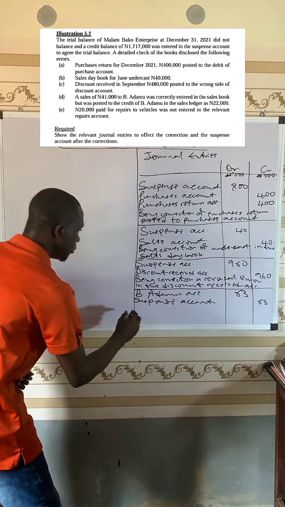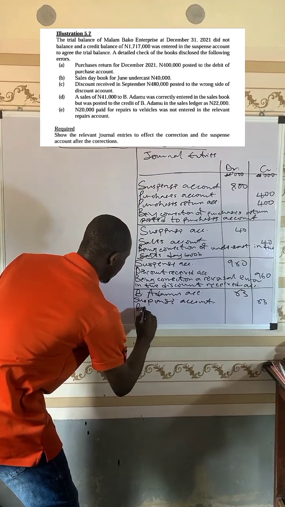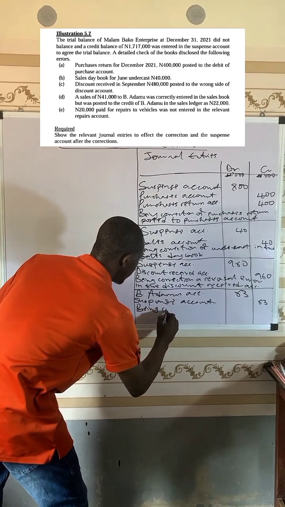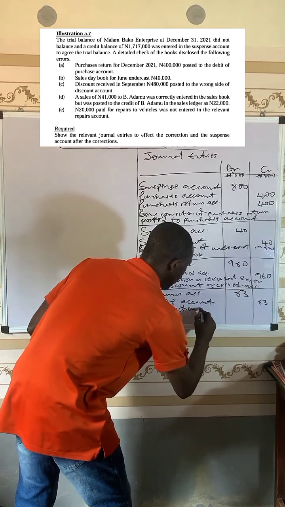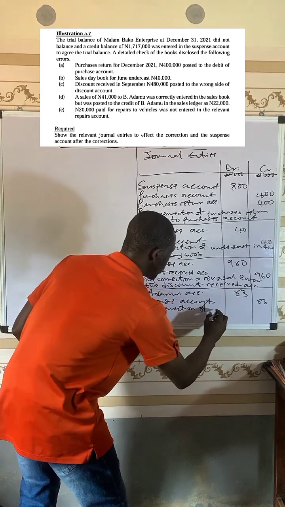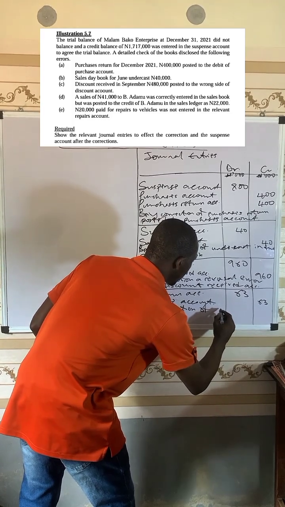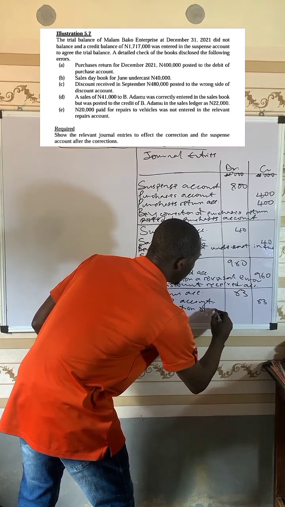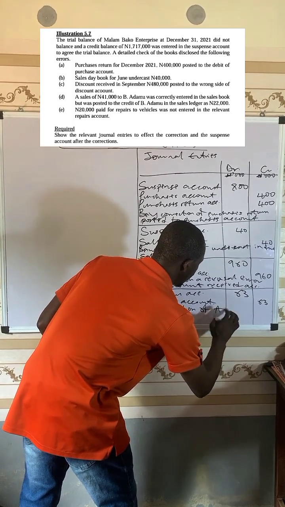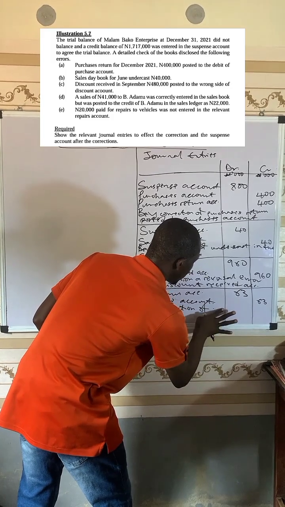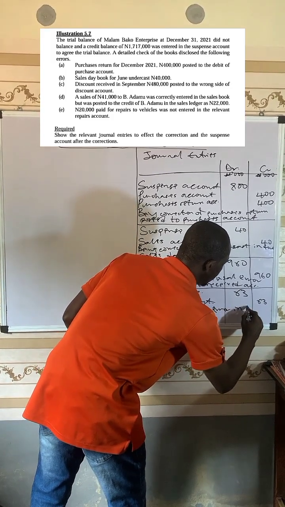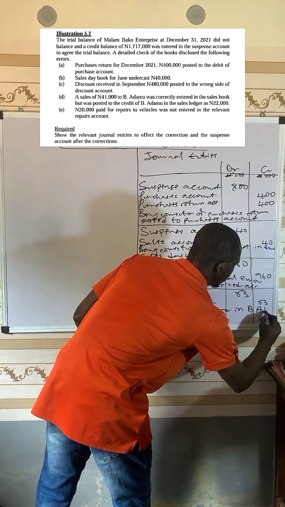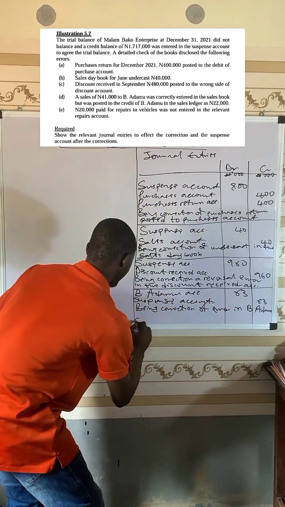So the summary will now be being correction of error in B Adamu account.